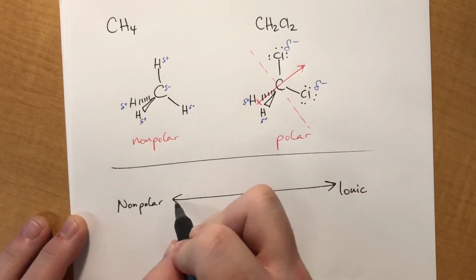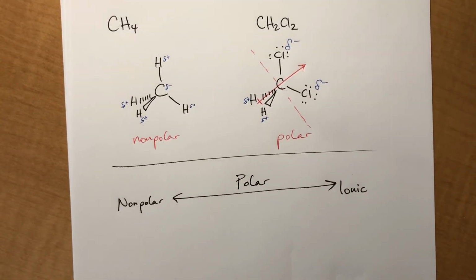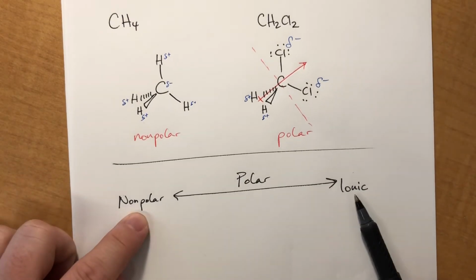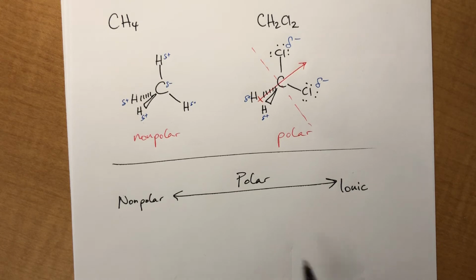Anything between here and here is polar. So if you say, is something polar or non-polar, that's like being given a black and white. Suppose this is white and this is black, and you're given something that's gray, and then you're asked, is it black or white? It's gray. It's literally the gray area in between.